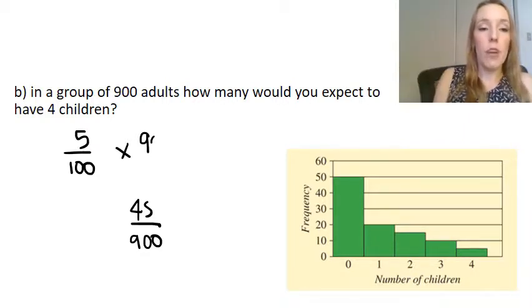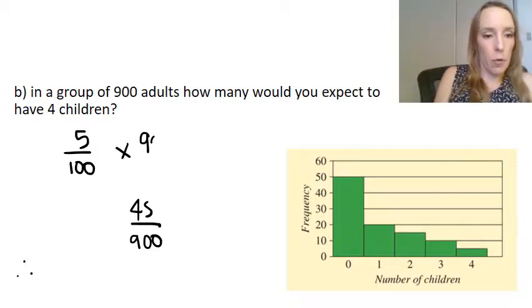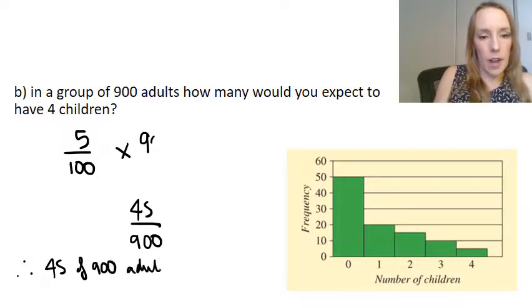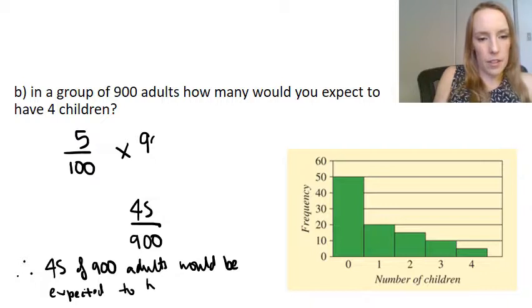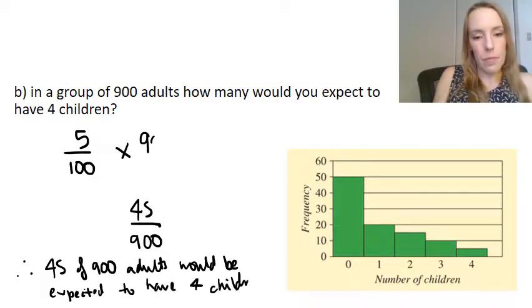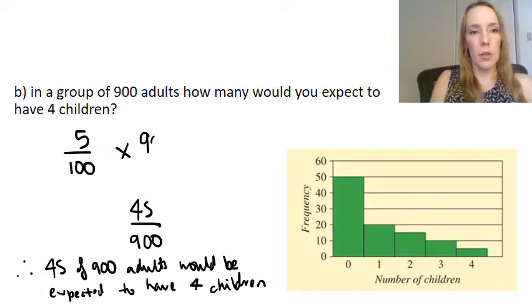So if we had 900 adults, we'd expect 45 to have 4 children. There we go. Okay, so move on.